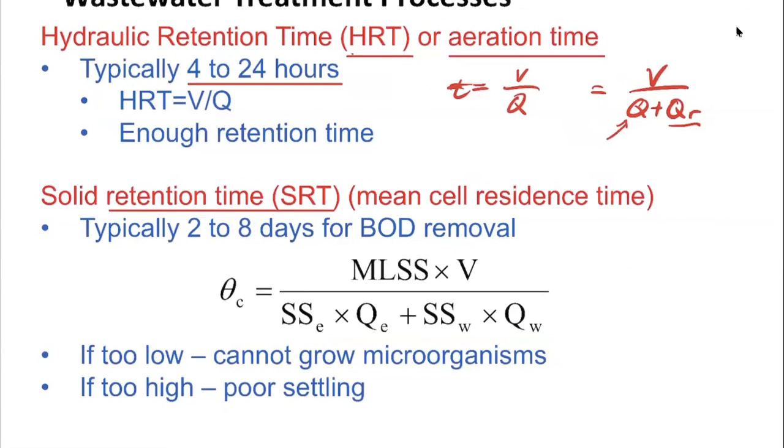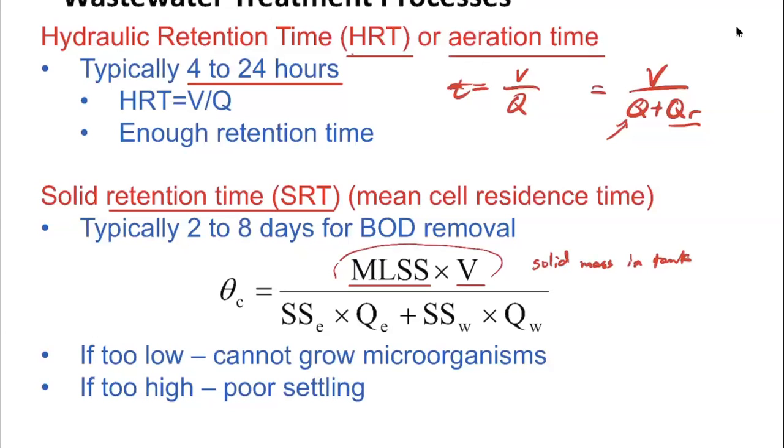So the SRT, or the solid retention time, is calculated by the MLSS, the mixed liquor suspended solids, multiplied by the volume of the aeration tank. So basically, this is going to be the entire solid mass in the tank, right? So it's concentration multiplied by volume.